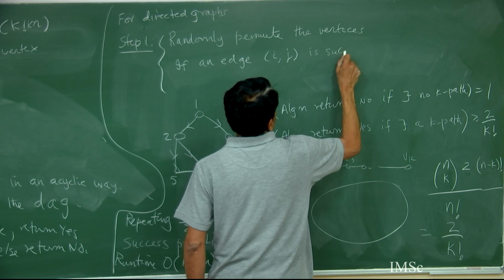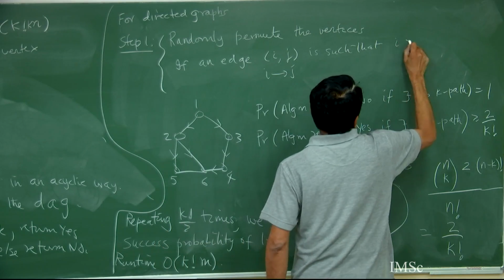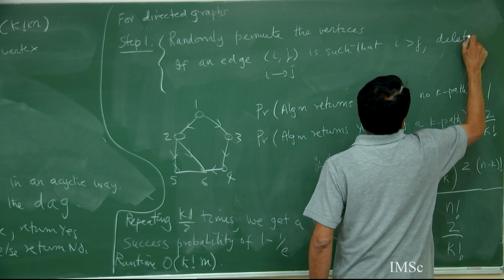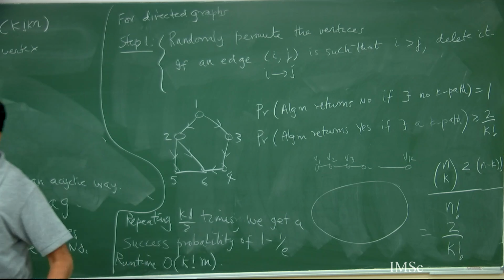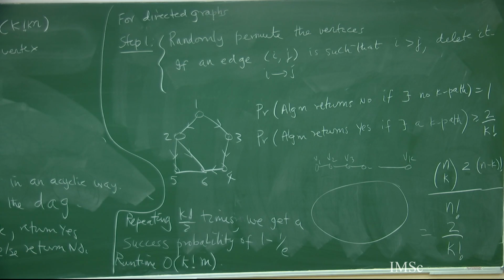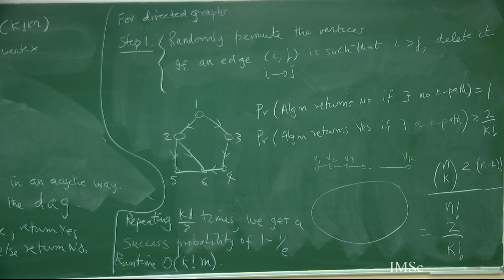When I say edge going from i to j, if i is greater than j, delete it. So you keep only edges going from a smaller vertex to a larger vertex. It's a directed graph, so I don't have the luxury of giving directions. Whenever I have an edge from a larger vertex to a smaller vertex, I just delete it. I want to stick to the random permutation.